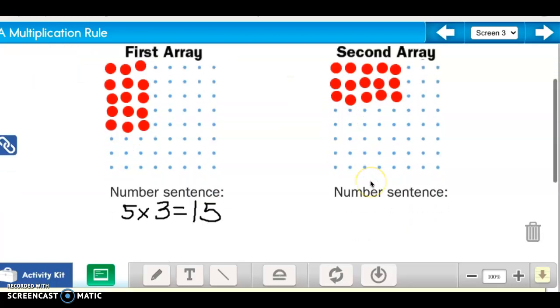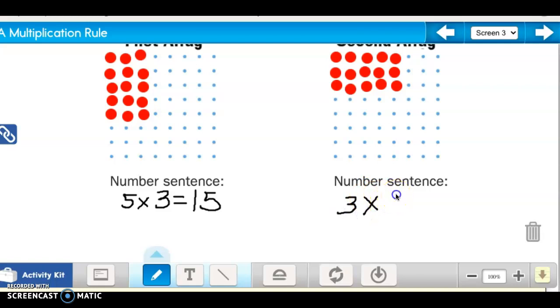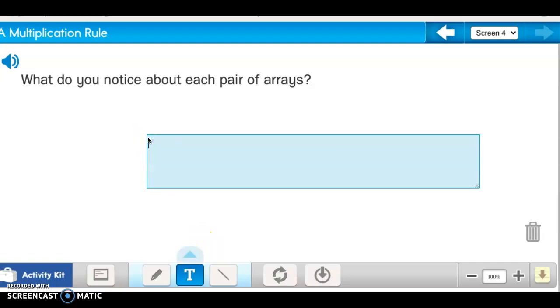So now our number sentence would be, we have 3 rows times 5, and of course the answer is going to be the same. And this is called our turnaround rule, or the commutative property of multiplication. The question is, what do you notice about each pair of arrays? In all those arrays that we did, what do we notice?